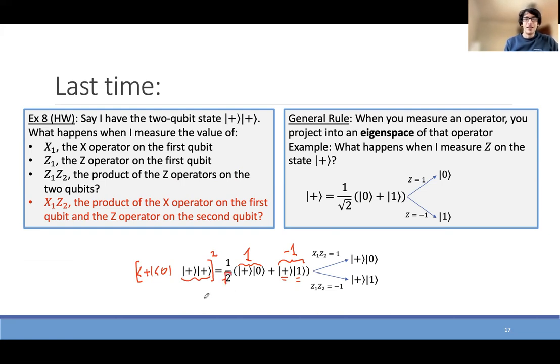Another way to say that is, if psi equals alpha times the first eigenstate plus beta times the second eigenstate, the probability of measuring the first eigenstate is alpha squared, where I used an absolute value in case we have complex numbers running around. And then the probability of measuring the second one is beta squared.